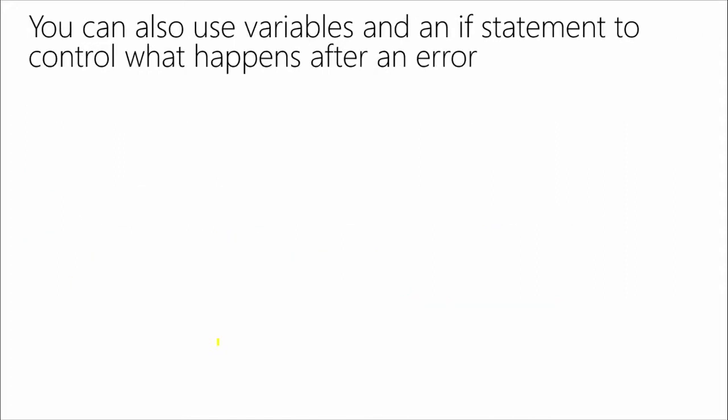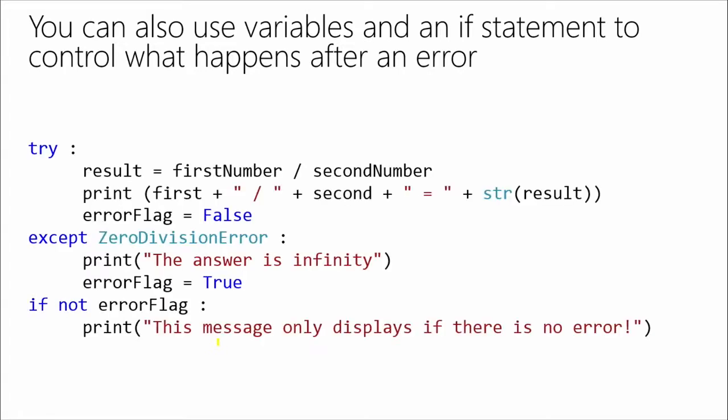The other thing you could do, I wanted to show an alternative way of handling an error, or sort of exiting, not executing certain code if an error had been raised. The other thing we'll sometimes do is create a Boolean variable and say, try running this code. If an error occurs, we set the Boolean variable to true. If it doesn't occur and everything went well, then we set the flag to false.